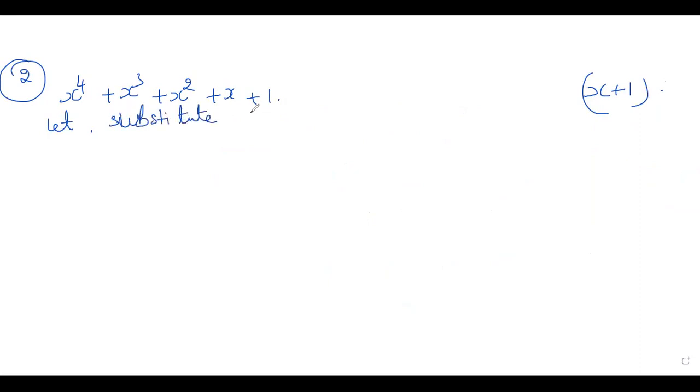x to the power of 4 plus x cube plus x square plus 1. The factor is the same for all the sums, that is x plus 1. Now let us substitute x is equal to -1 in the given polynomial, that is p of x.